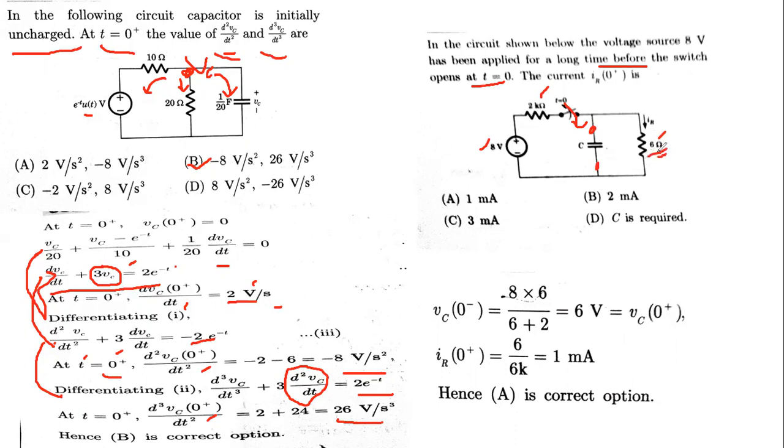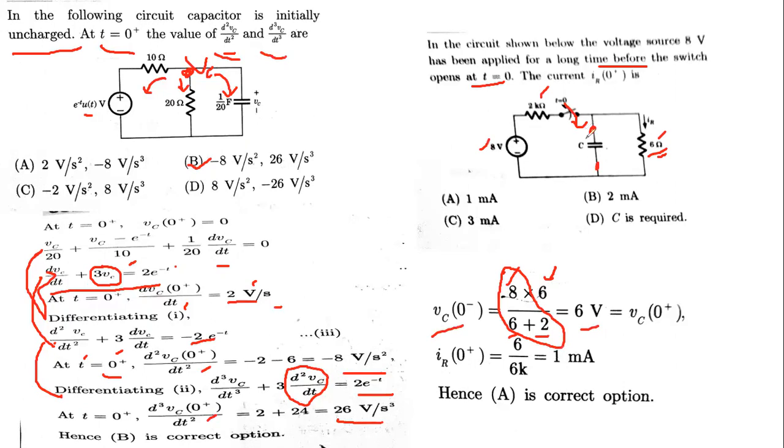The current in the circuit is 8 upon 6 plus 2, and multiplied with the resistance 6 it gives you the voltage. So the voltage across the capacitor is Vc(0 minus).